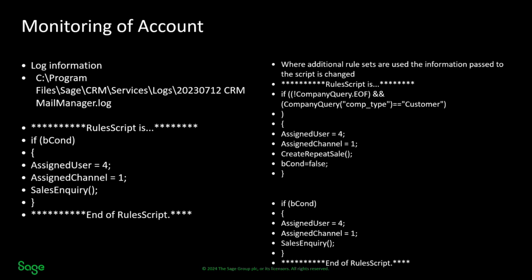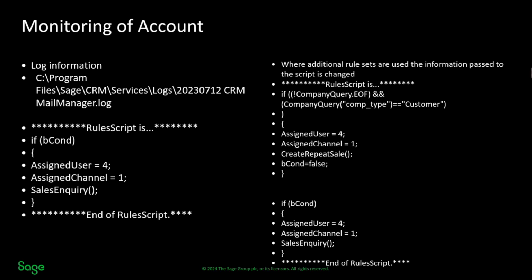Underneath there, the date prefix CRM mail manager.log, and it will look something like this with the rules script.js being written out, showing you the parameters that have been passed, and then showing you the behavior that is being shown as well.